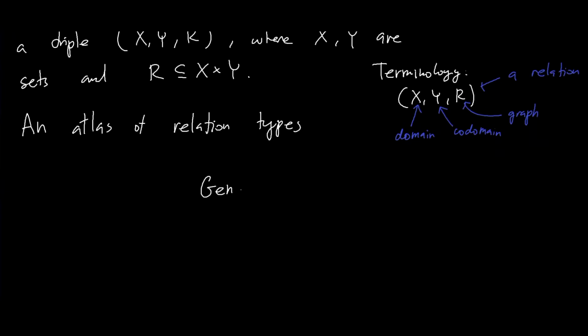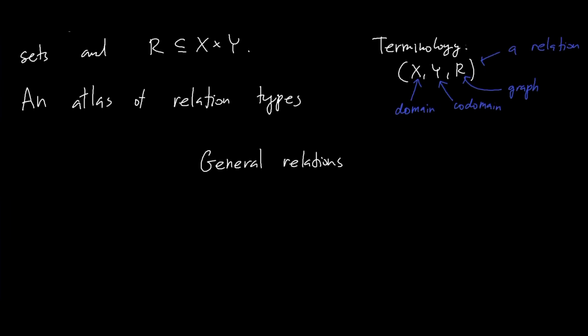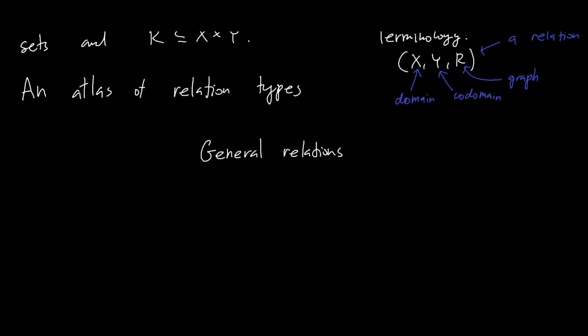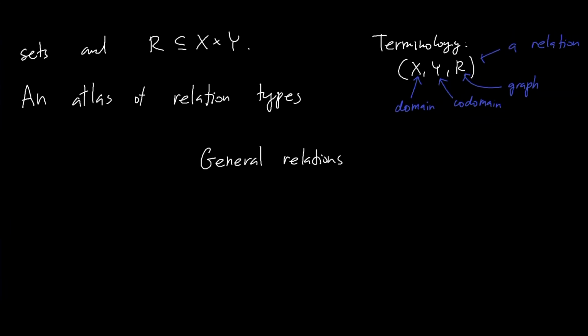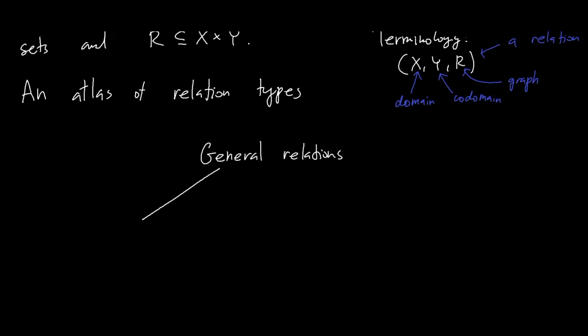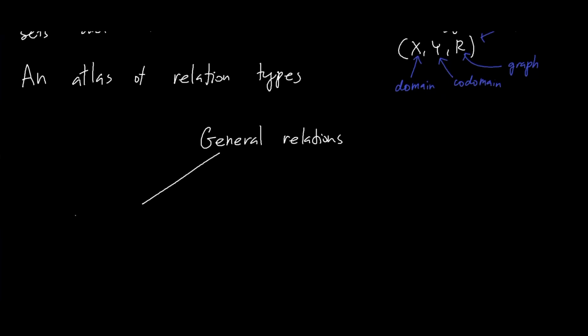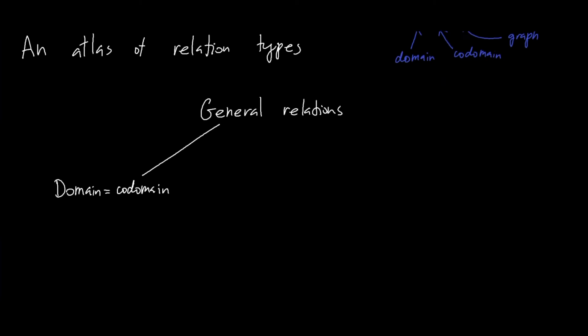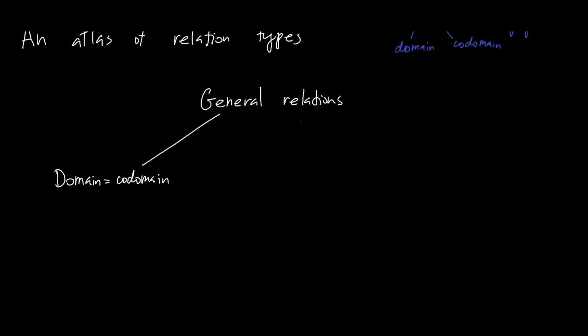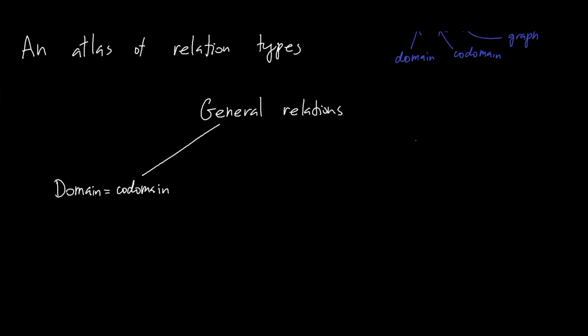So in this atlas, we're going to have general relations. That's when all the relations are considered together. And then we distinguish a special type of such relations, which is when domain and codomain match. So this is the special type of relations where domain equals codomain. There is another type of relations, where domain does not have to equal codomain, and among them are functions.